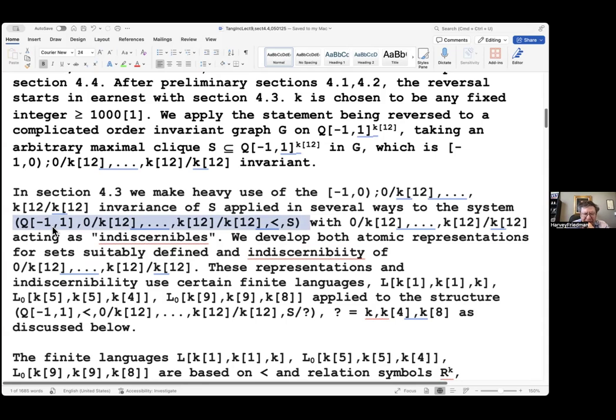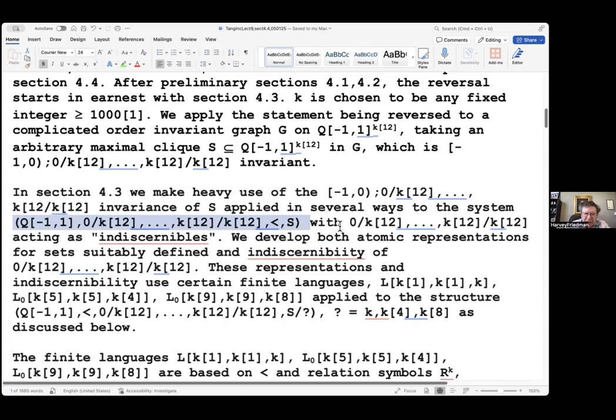The base set of the vertex set of the graph, and these particular numbers with less than, and S is the invariant maximal clique.